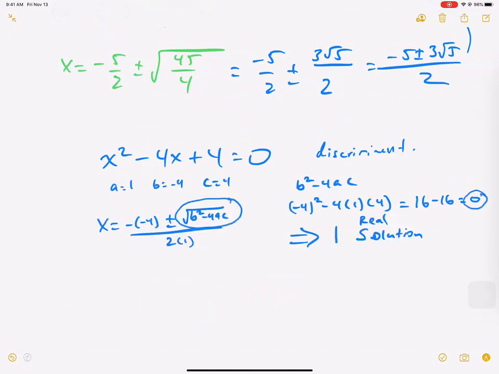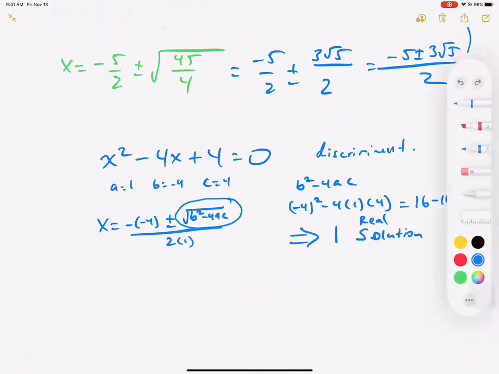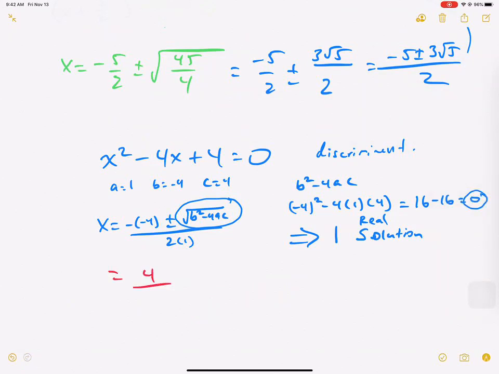Do we even have to write it? The whole reason we have two solutions for quadratics is because of this plus and minus here. It gives us two versions. But what if those two versions were 0 and 0? We don't even have to write it anymore.